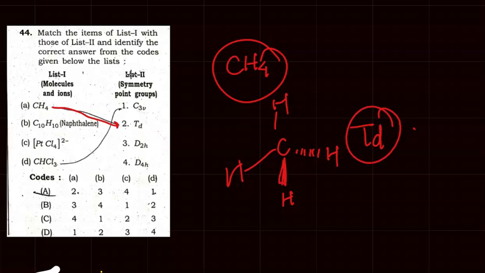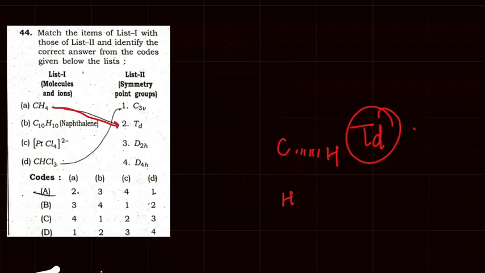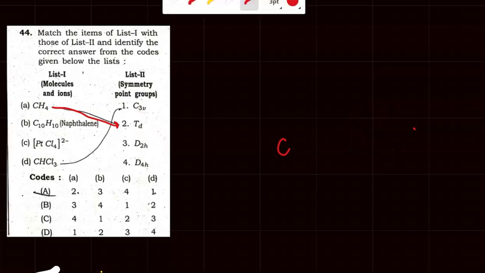And if I talk about CHCl3, now if I draw CHCl3 you are going to observe that its geometry will be tetrahedral only, but the molecule is not symmetrical like CH4, the methane molecule, is.